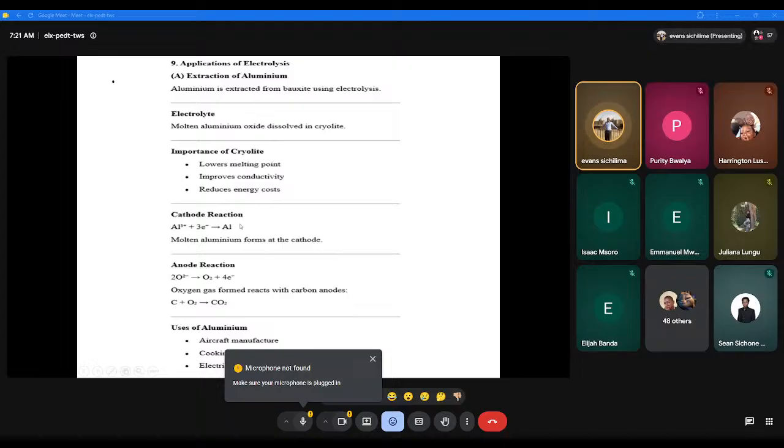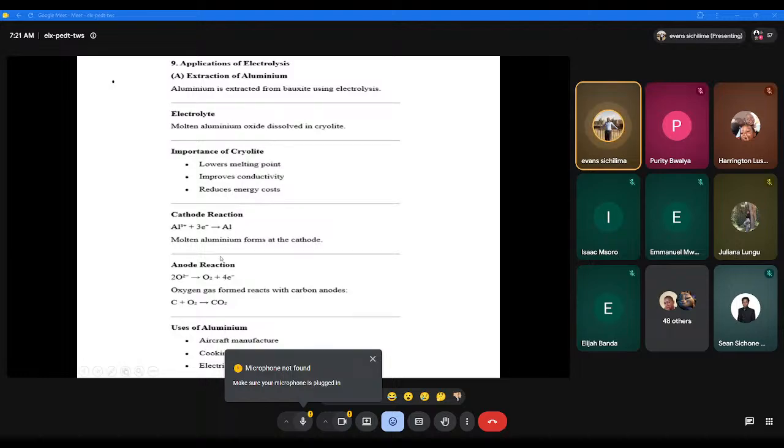The cathodic reaction: the cation, the aluminium ion in this particular case, receives 3 electrons to produce 1 mole of aluminium. So the ratio is 3 moles of electrons to give 1 mole of aluminium.